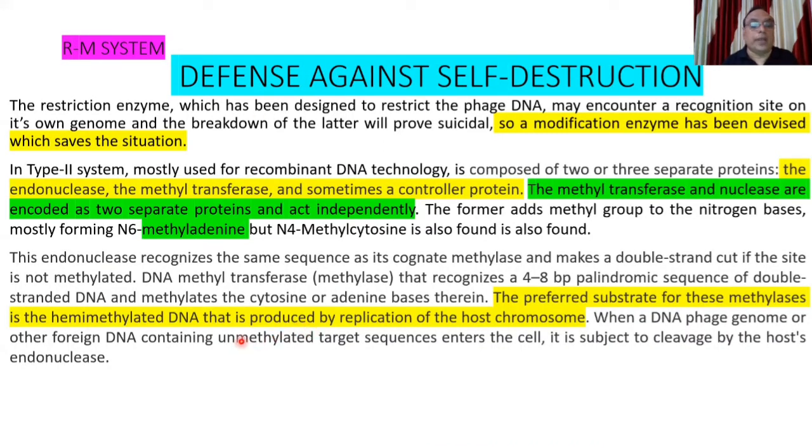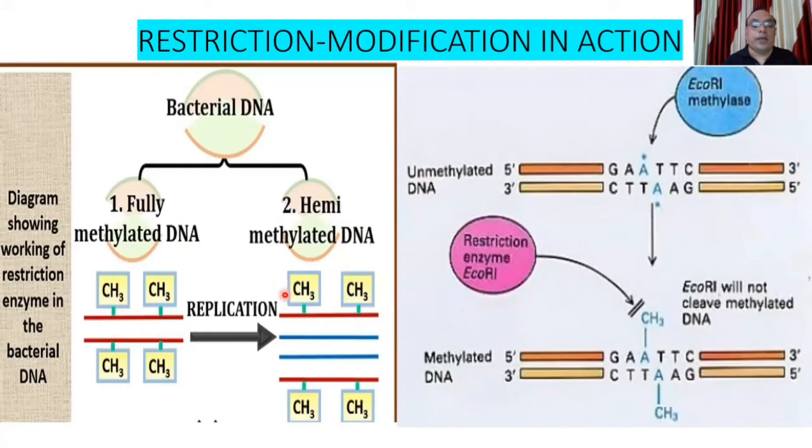Here you have the DNA produced by the replication of E. coli. When a DNA phage genome or other foreign DNA containing unmethylated target sites enters, it is not hemimethylated. You look here, this is the hemimethylated condition. Only one of the 2 strands of the DNA at the recognition site has the methyl group, and these methyl groups have been inherited from the parent DNA strands.